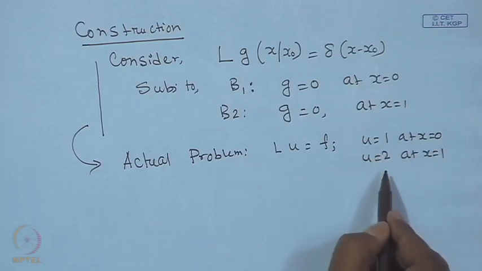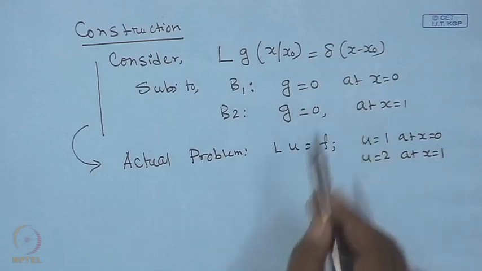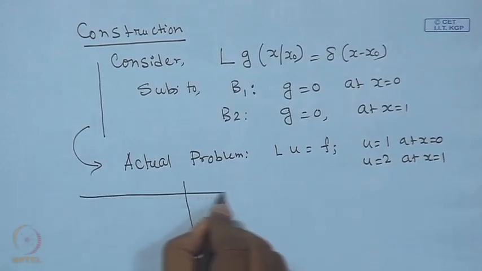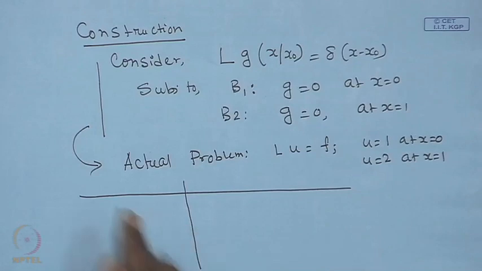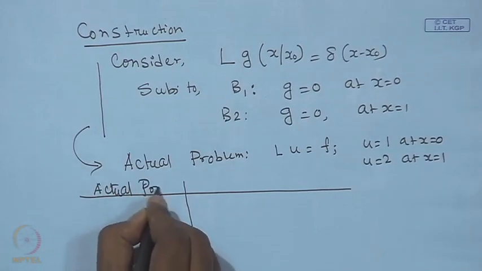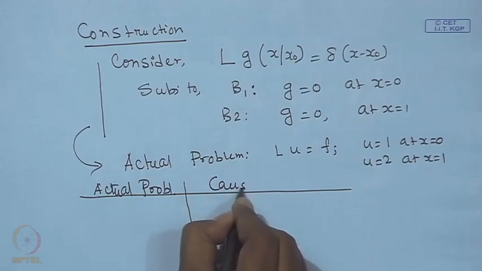U may be homogeneous, u may be non-homogeneous, but they are Dirichlet boundary conditions. So, they are Dirichlet. Now, I will give some examples of how to construct. Now, this is the actual problem, and this is the causal Green's function.